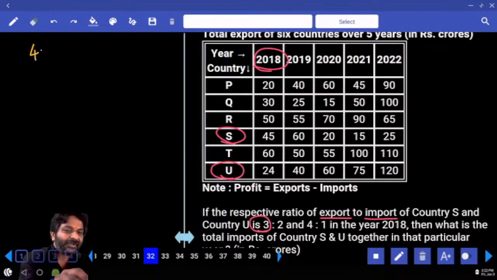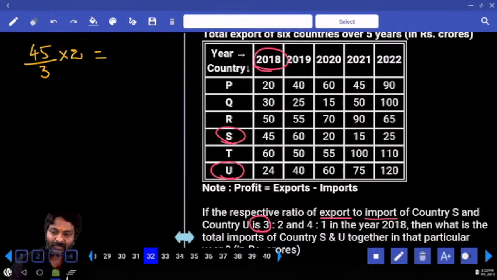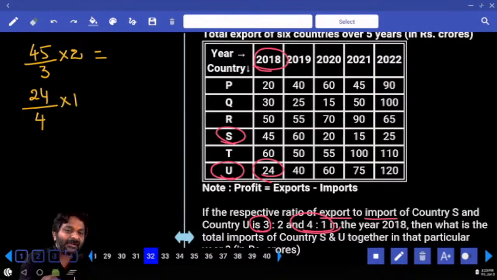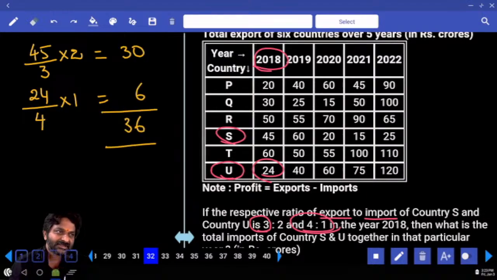If 45 is equal to 3 parts, 1 part is this much, and we need 2 parts value. This is for S. And U, ratio 4:1. So 24 is equal to 4 parts, and we need 1 part. This is 36. We were asked to calculate the total, 36. Clear?